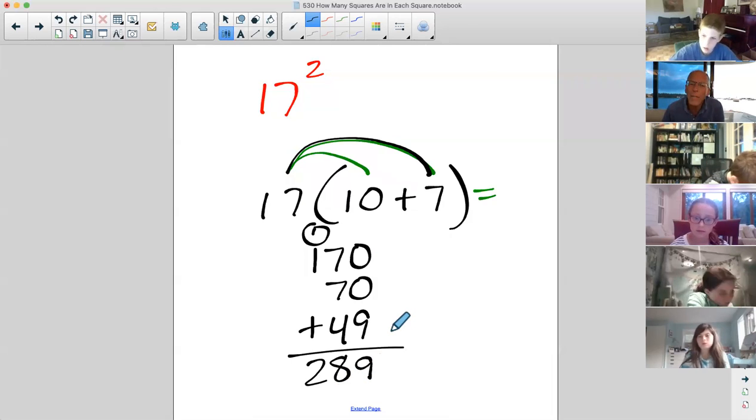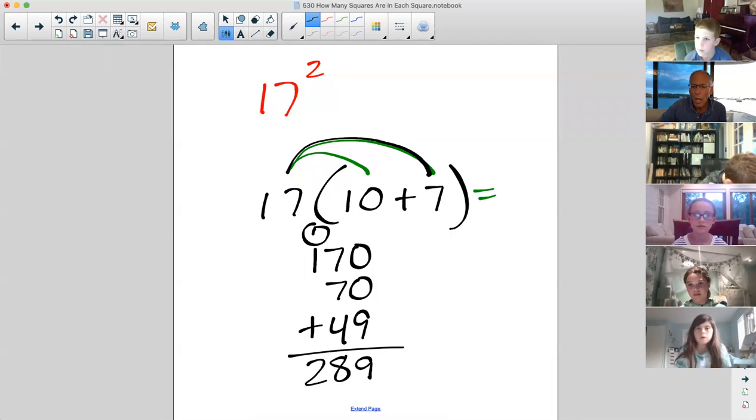Does anybody have any questions about my distributive property method? This is the time to ask a question. If you're not a master of this yet, and Cameron, you got close. Alexander, do you have a question? No. So what was right?